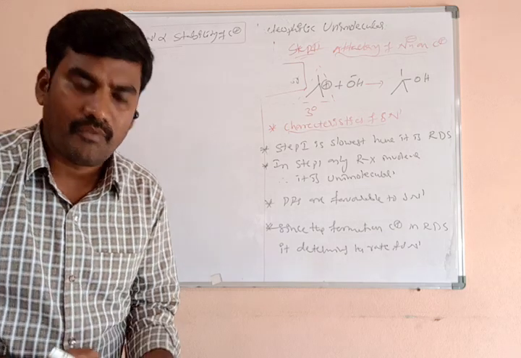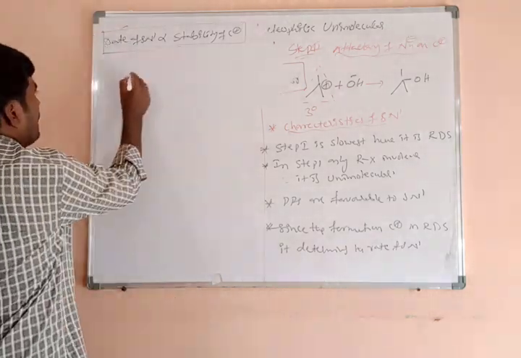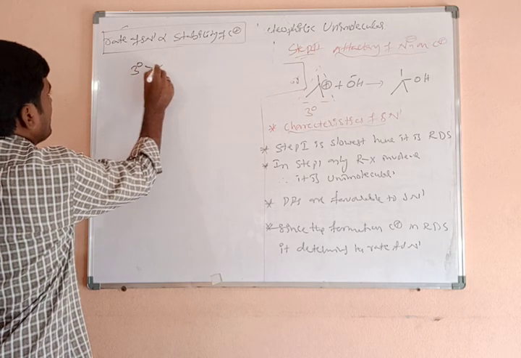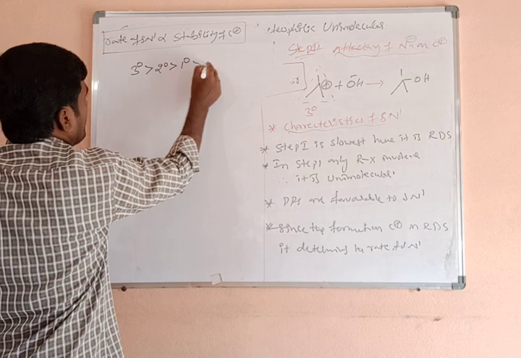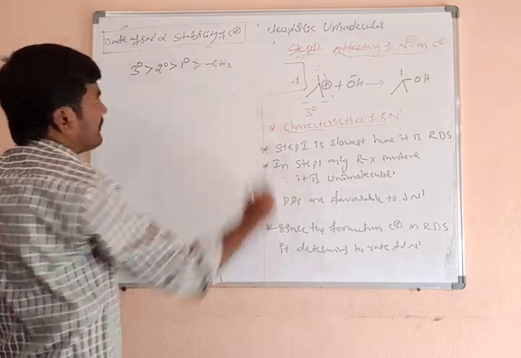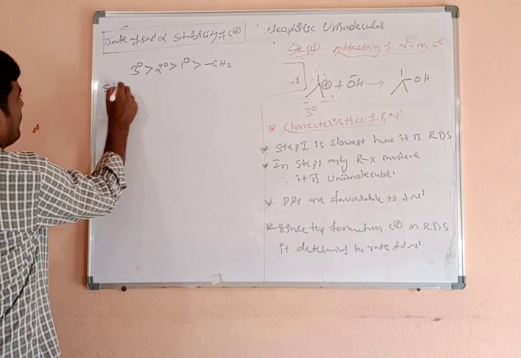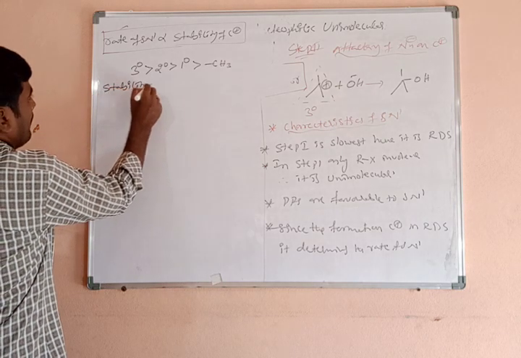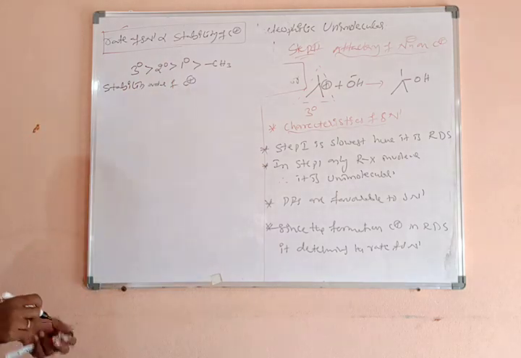Now the order of stability of carbocations is: tertiary carbocation is greater than secondary carbocation, which is greater than primary carbocation, which is greater than methyl. This is the stability order of carbocations.